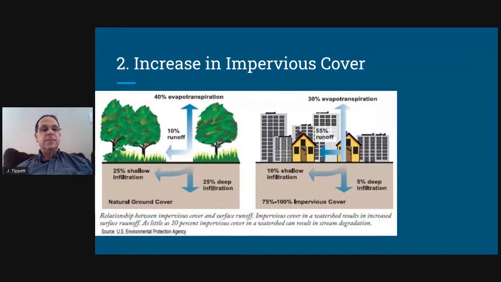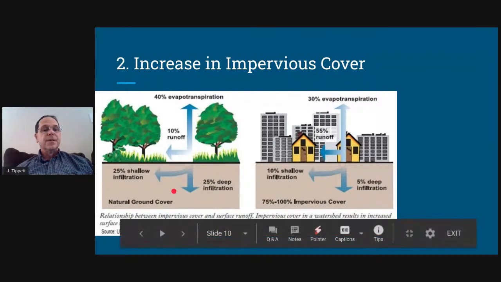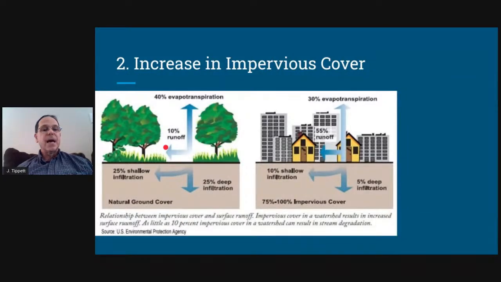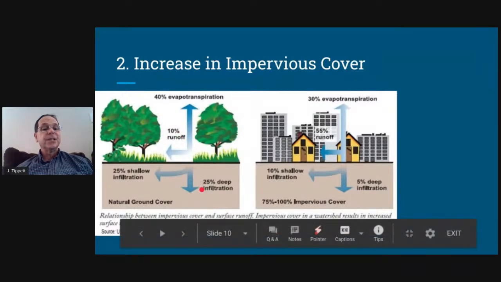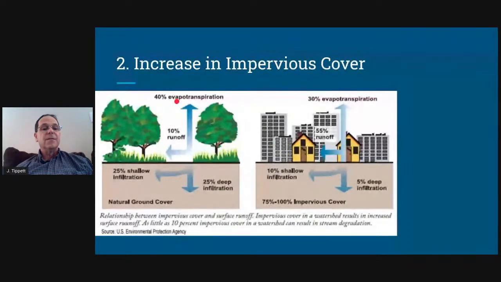So take a look at the comparison here on the left, right? When a site is in a natural forest and rain falls on it, only about 10% of the rainfall actually runs off. A whole bunch of it goes into deep infiltration, about 1/4 of it, or shallow infiltration, and a bunch gets absorbed and then evapotranspired out.